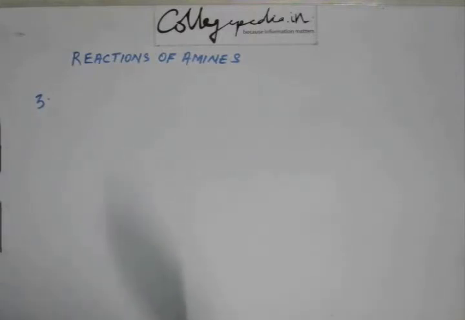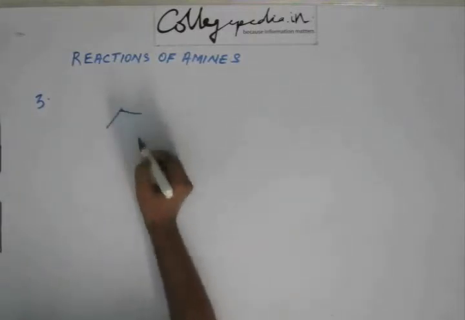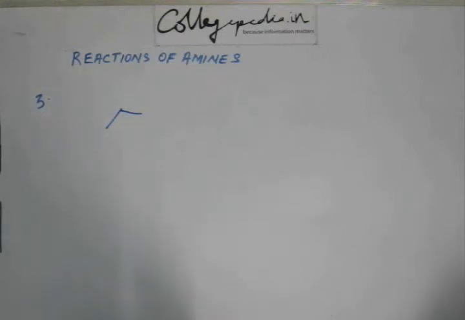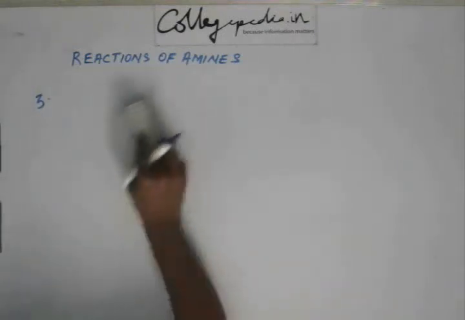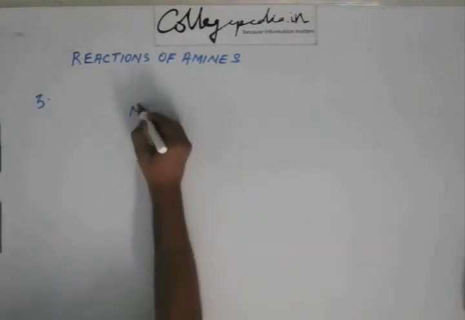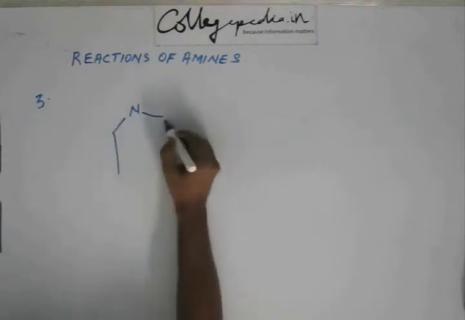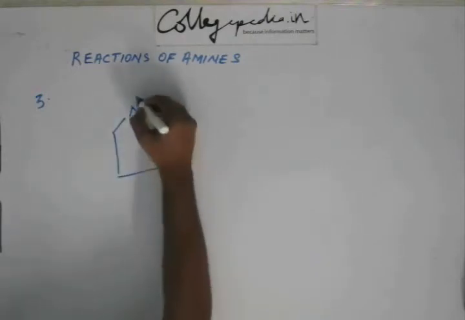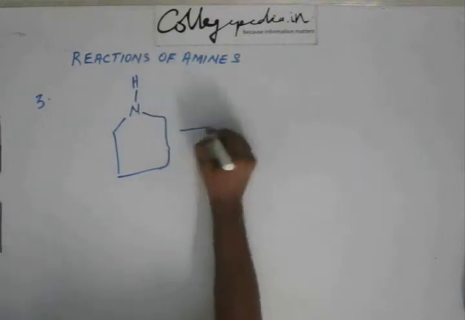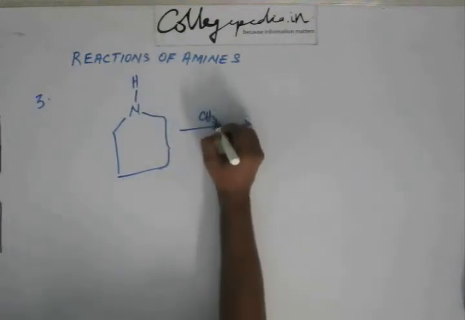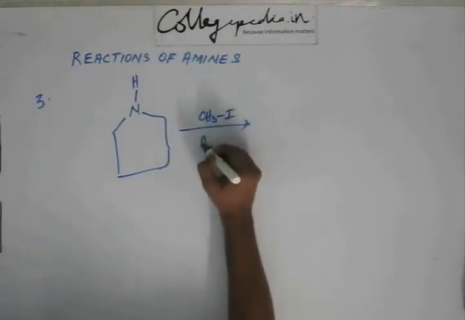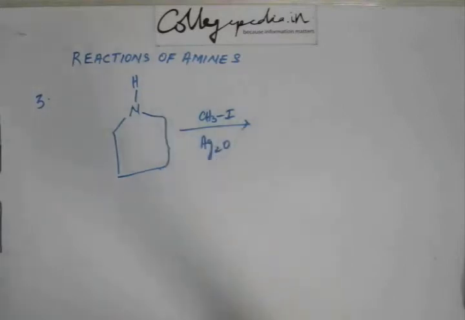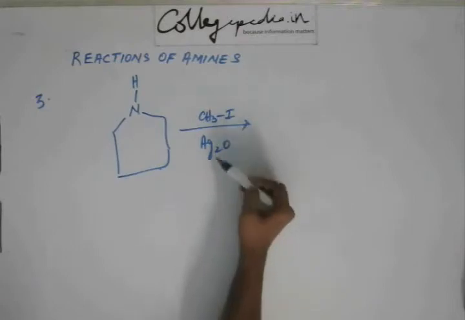So let's solve a problem based on Hoffmann elimination. This is a starting material, and you have no dearth of this CH3I and Ag2O.